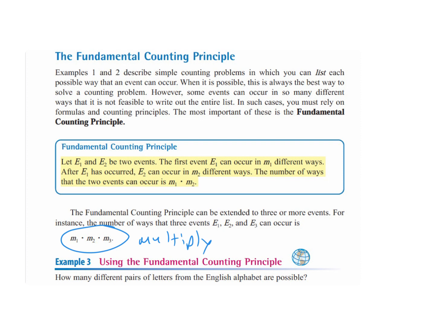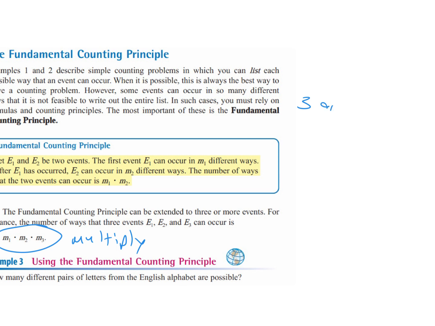You'll see questions that say, you have the choice. You go to dinner. You can choose 3 appetizers, like 3 apps, 4 entrees, and 2 desserts. How many different options can you have? How many different meals can you make? How would you figure that out? You would multiply 3 times 4 times 2.